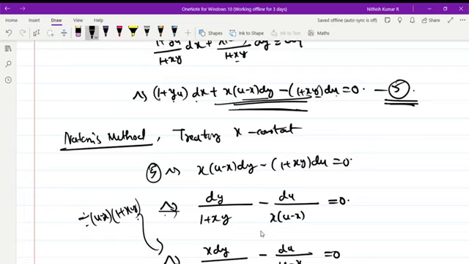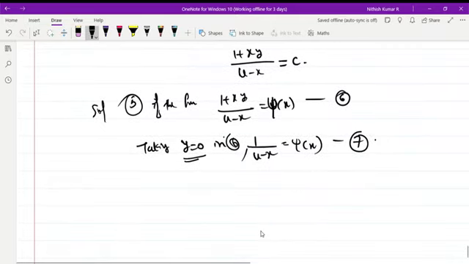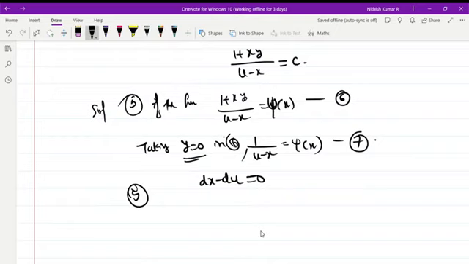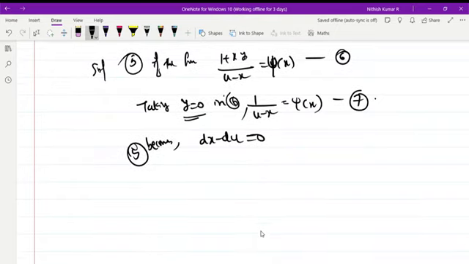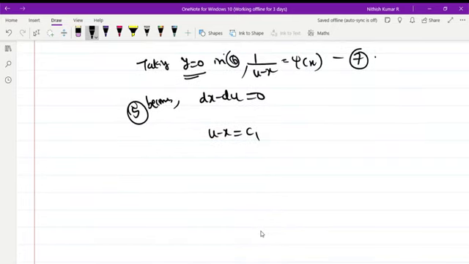So the solution of 5 is of the form: 1 plus xy divided by u minus x is equal to xi of x, where xi is a function of x alone. This is the procedure I am following from Natani's method. If you are confused, just go through Natani's method once again.